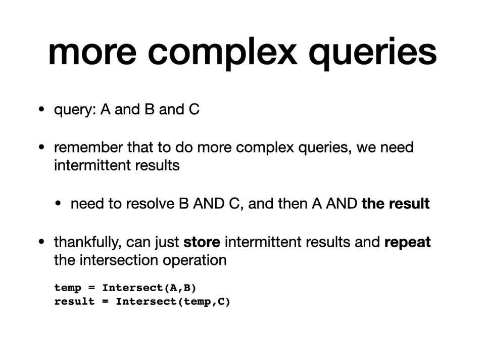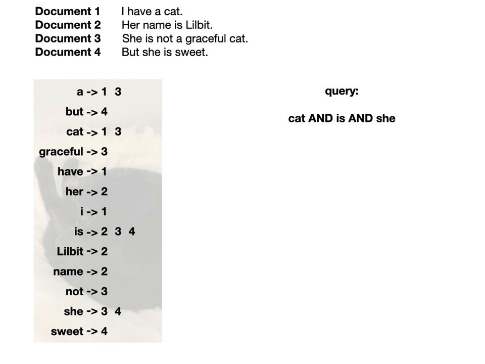So we just learned how intersect, the function, works. So temporarily store the intersection of A and B, and then we can take the intersection of that temp variable and C. All right, let's see it. So cat and is and she in our little list here. Cat, that's 1 and 3. Is, that's 2, 3, and 4.